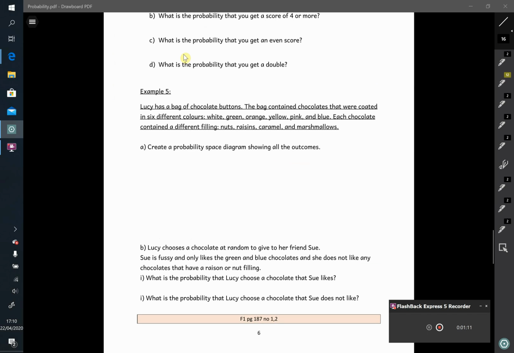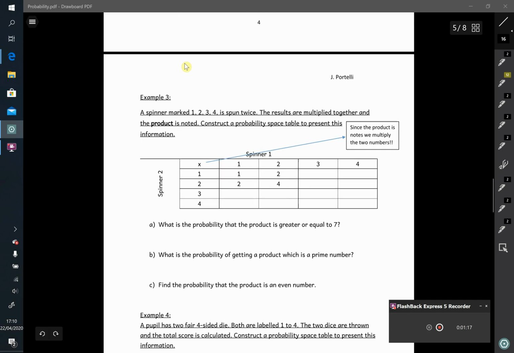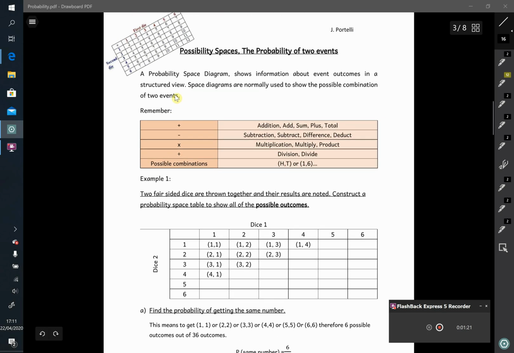I'm going to be doing some of them for you, with you, well, really for you. And then you're going to start your homework. I think it's quite a bit of homework, but you need to practice this, guys. So, all right, let's get started.